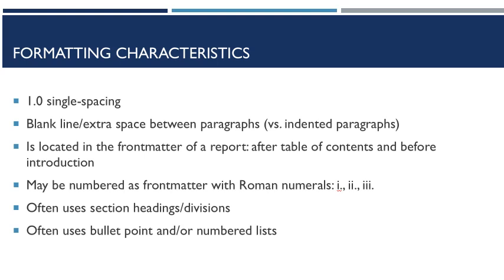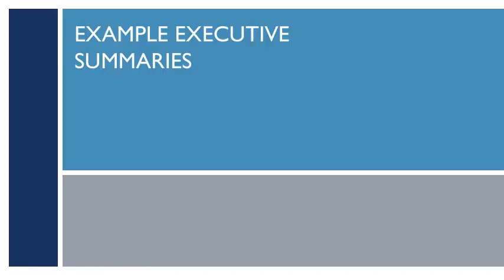It often uses section headings and divisions, particularly if it's longer than 1 page, but even if it is only 1 page in length, if there's a way to break it up into sections and make it easier for readers to jump into the information and find what they're looking for, you would want to do that. And you can, of course, use bullet points or numbered lists to quickly lay out information and make it more accessible for your reader.